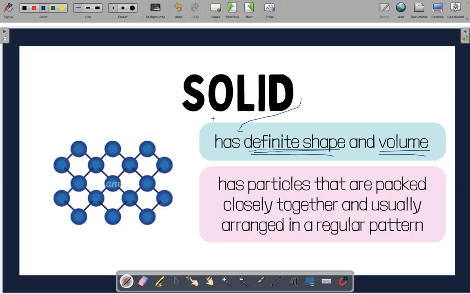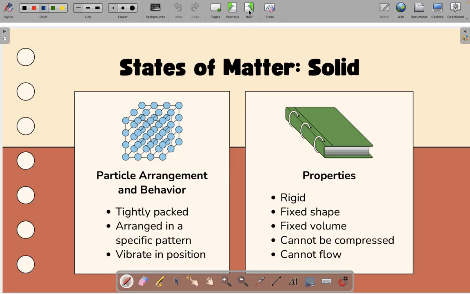So when you talk about the arrangement of particles in a solid, the first thing is particles are packed very close to each other, and the second thing is they have a regular pattern, right? This will be clear if you look at liquids and gas. So see, the particles are tightly packed in a solid, they are arranged in a specific pattern, and they are bound to each other, right?